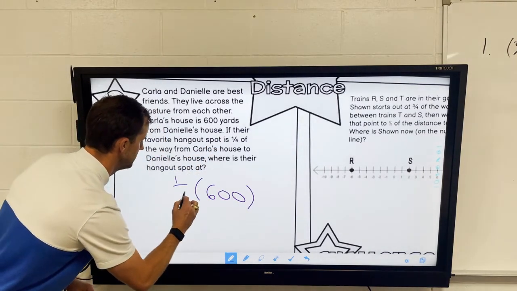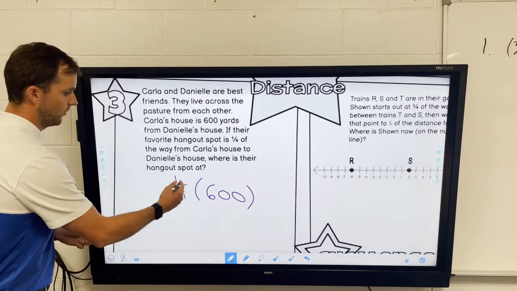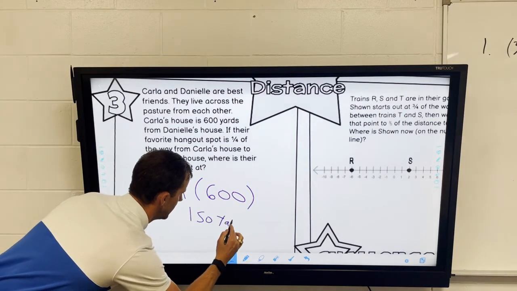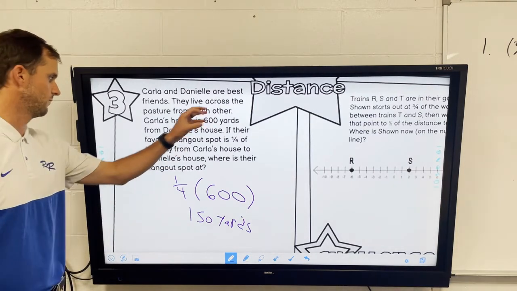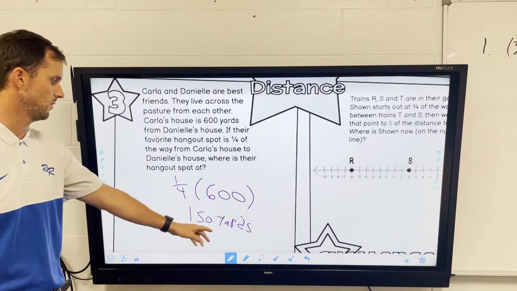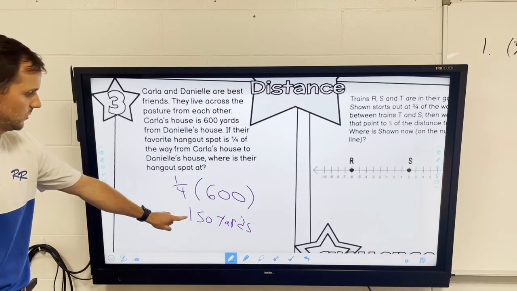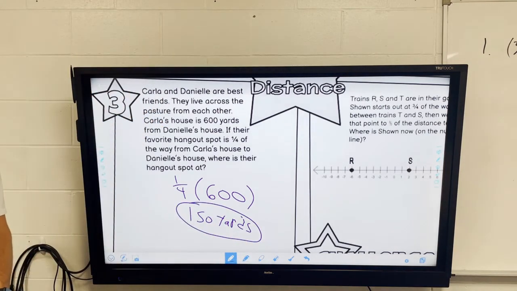So I just need to multiply by 1/4 or divide by 4, however you want to look at it. 1/4 of 600 is going to give you 150 yards from Carla's house. So if I were to give you a visual, going from Carla's house to Danielle's house, you would go 150 yards from Carla's house to get the location between those two, okay? So the distance is going to be 150 yards. That's where that's going to be, okay?